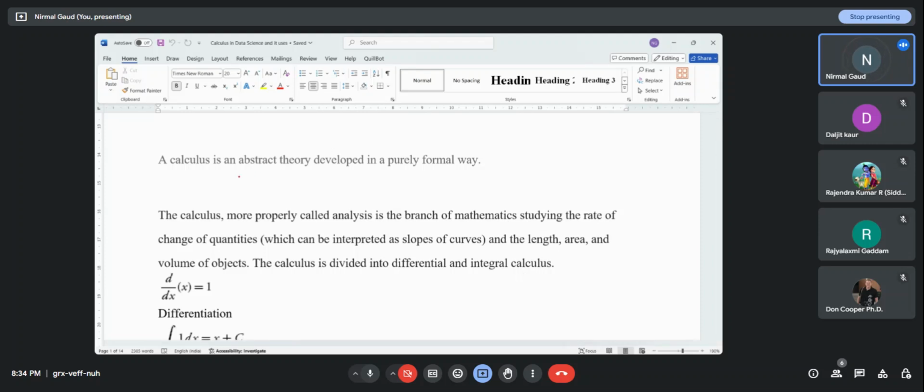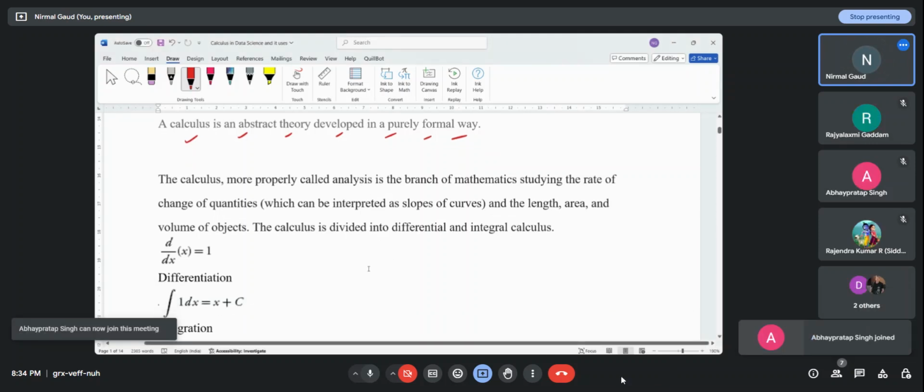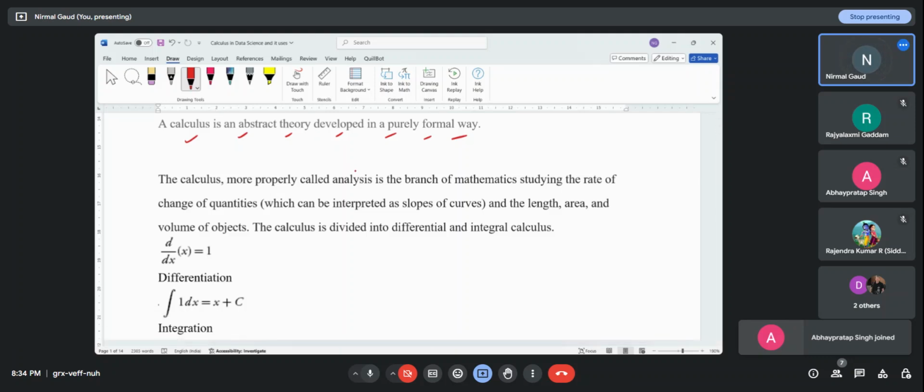Well, calculus is an abstract theory developed in a purely formal way, and calculus is analysis used in mathematics to study the rate of change.